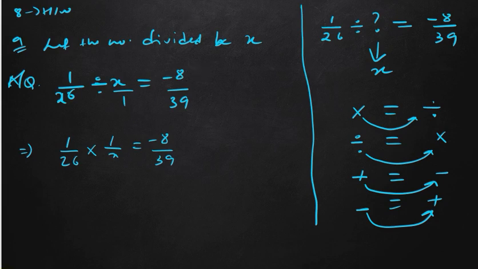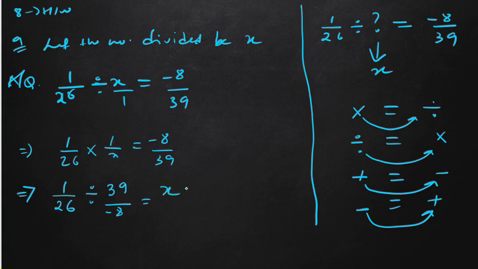Now how will you think about that? It is quite simple. If you follow the rule, here x is in the denominator, so if we change the side, it can be written like this. If we take 1 by 26 here and bring minus 8 by 39 to the left side, it will become divided by and it will get reciprocal.